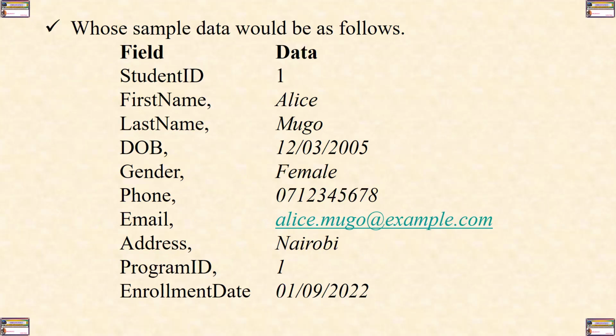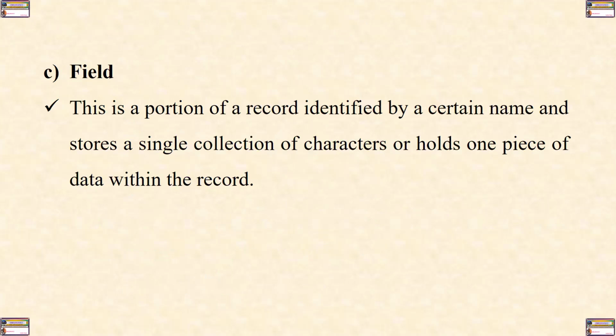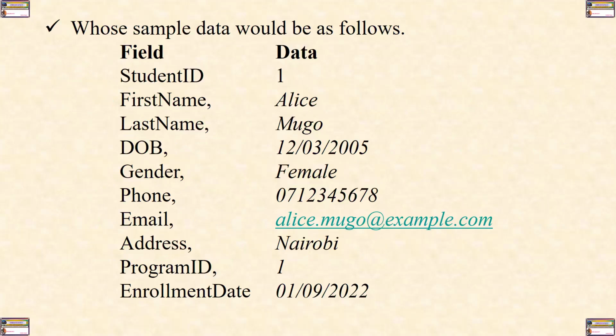First name is a field. It only holds first names of the students, last name the same. And that's why we are saying that a field is a portion of a record. You can see this is a record of a single student, but it is composed of 10 portions, which we are calling fields.